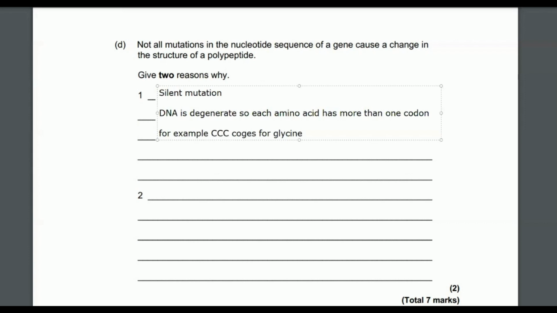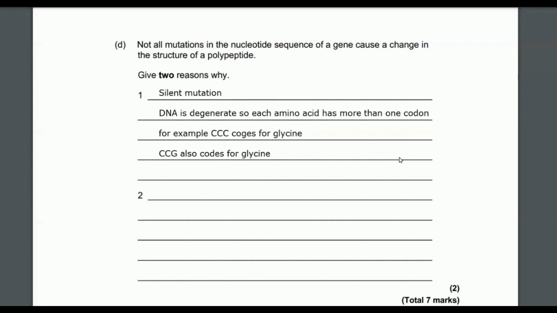Imagine there's a mutation and one of the C's is turned to a G. CCG also codes for glycine. So we're going to get a mark for saying that just because there's a mutation, it might be a silent one. There's more than one triplet for each amino acid, and that will get you those 2 marks.